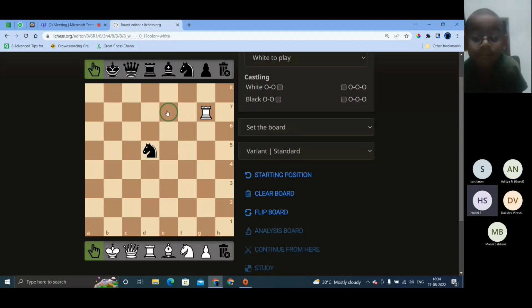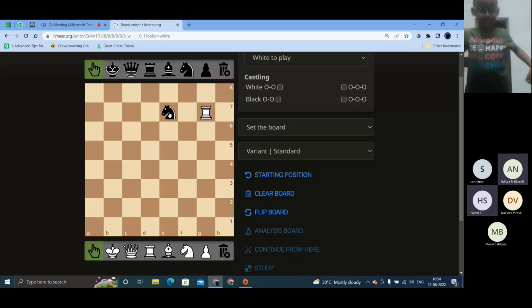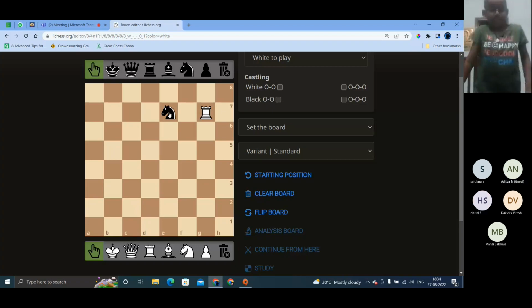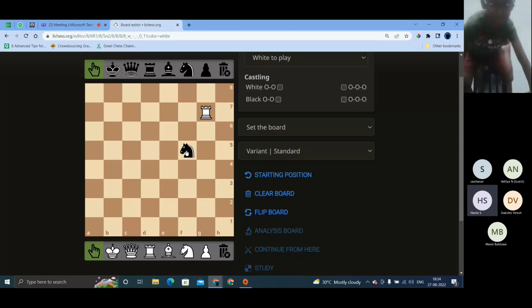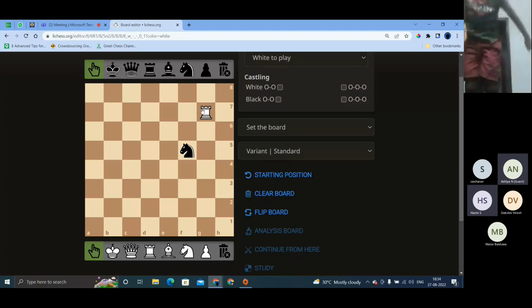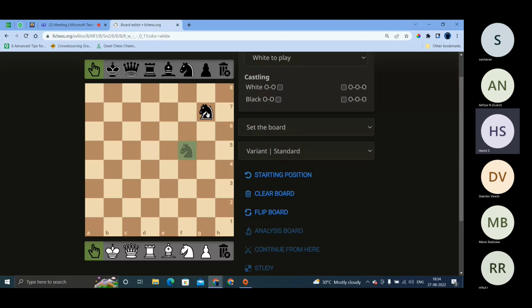Okay, e7 is where it lands. Now, from here, how will you capture this? It doesn't capture on the way, right? It doesn't capture this. f5. Go to f5, very good. So you have to go to f5. From here, can you capture this? This is the landing square, right? Yes, you can capture. Very good. Super. Now you got the concept, right?